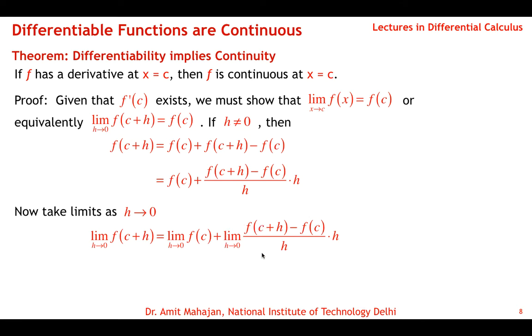So we can write this as f'(c), and the limit h tends to 0 of h will be 0, so it is f'(c) times 0. So immediately we get that it is equal to f(c), okay. So it proves our continuity condition, and so we can see that whenever a function has a derivative at a point, it must be continuous at that point, okay. So this is a very important theorem, okay.